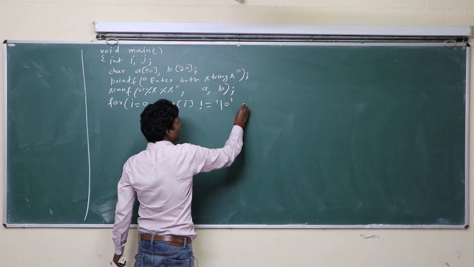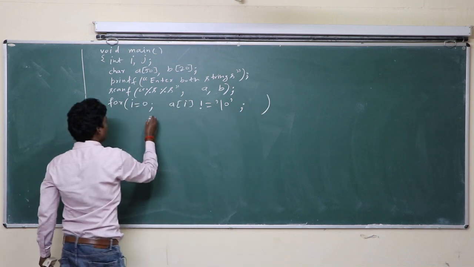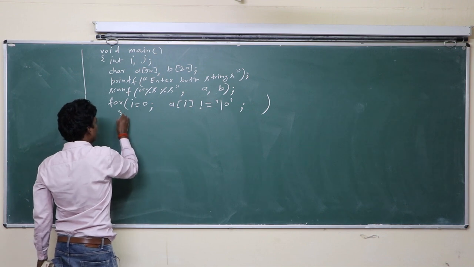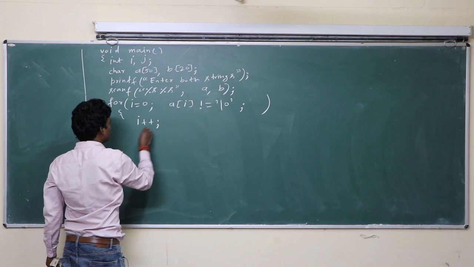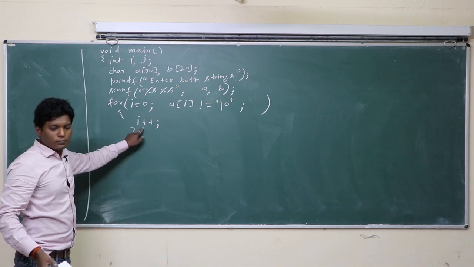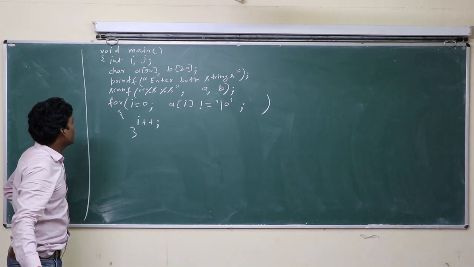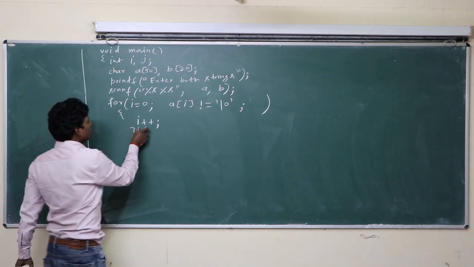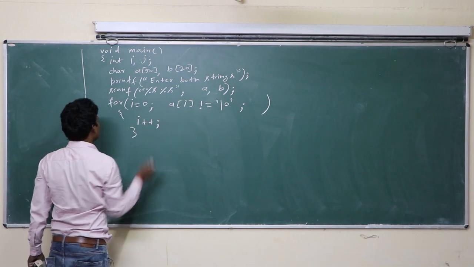Okay class, semicolon. Here you can write i++, but we write here i++. Here i is calculated. Okay, and i tells about the number of characters in string A.